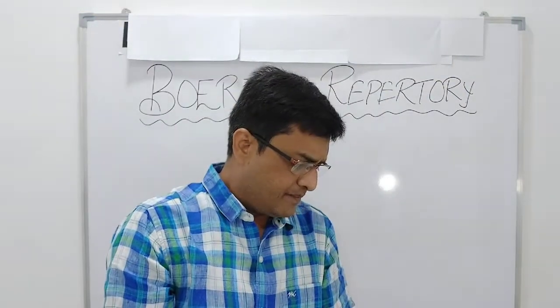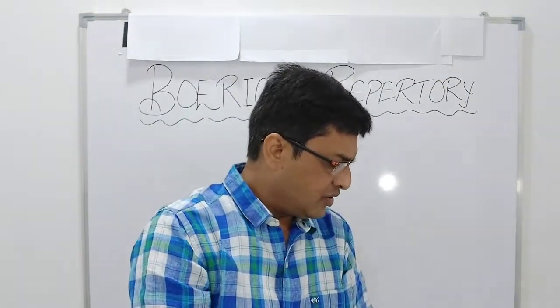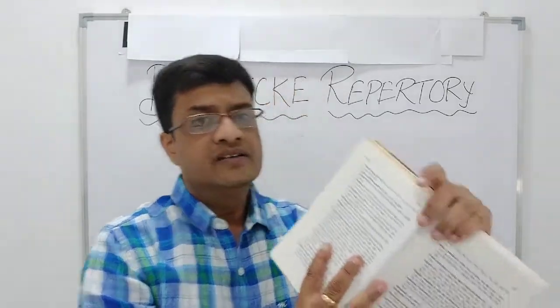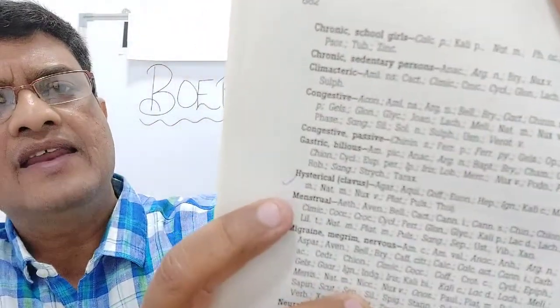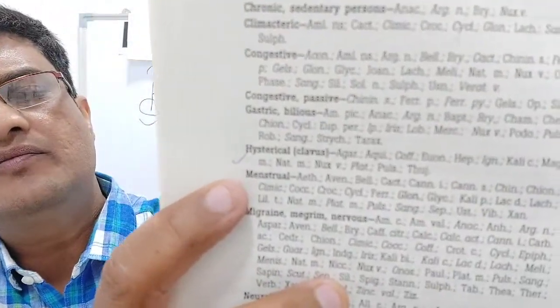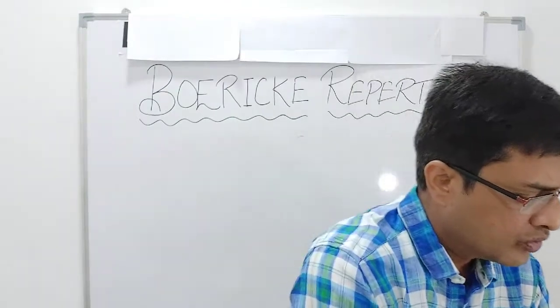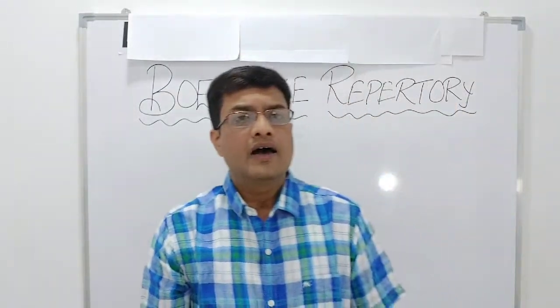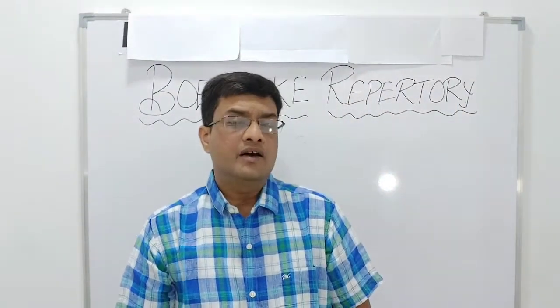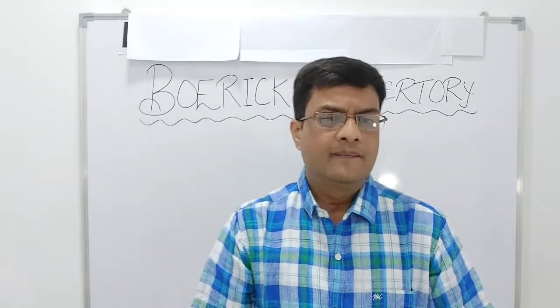Another example on the next page: hysterical is given and in front of it in brackets clavus is written. So rubrics are also given in clinical terminology in brackets.